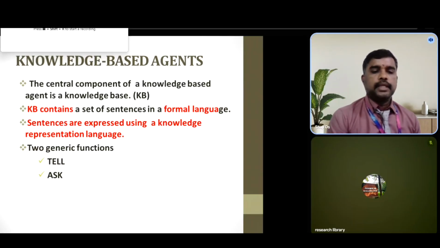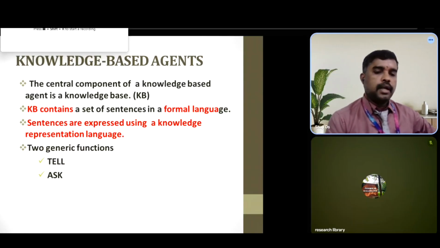The two generic functions in knowledge languages are tell and ask. Tell means add new sentences to the knowledge base. Tell it what it needs to know. Ask means a query about what is known from the knowledge base.